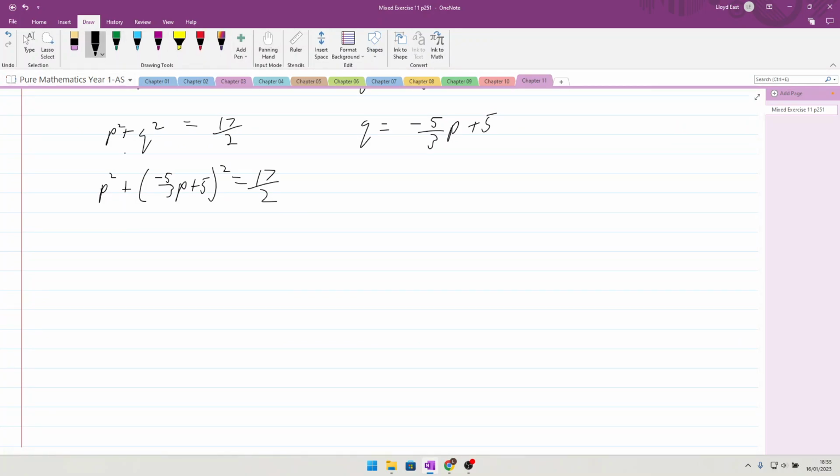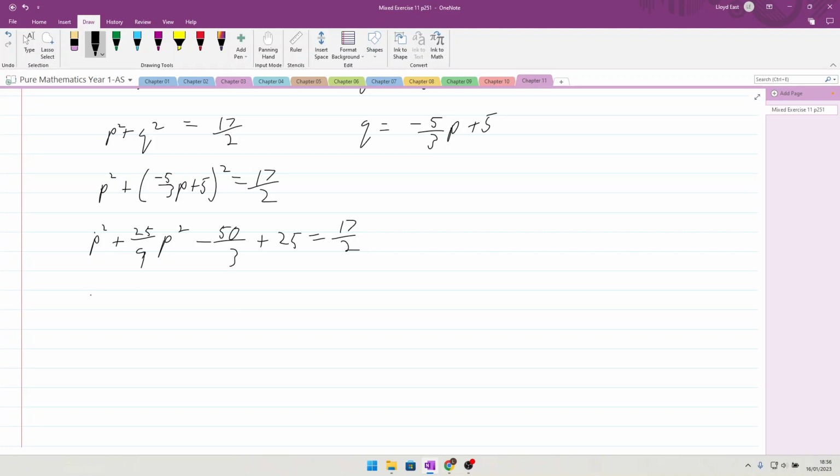And so now as we go through and solve this, we end up with p squared plus 5 5 is 25 over 9 p squared, minus 5 over 3 times 5 is minus 25 times 2 because we have 2 of them, minus 50 over 3 p, plus 25 is equal to 17 over 2.